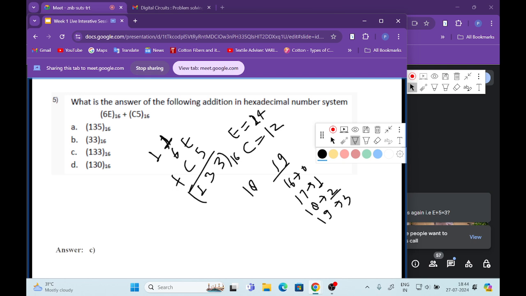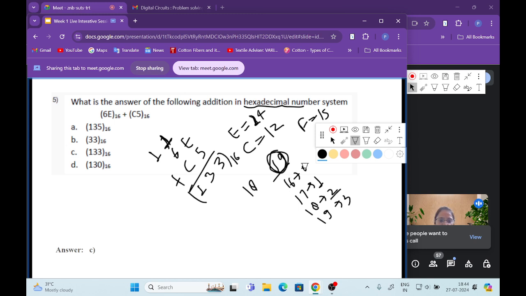E plus 5 is 3, like that. E is represented by 14, so when you add 14 plus 5, it is 19. But in hexadecimal we have representation till F, that is F equal to 15. Here the addition is given in the hexadecimal number system, so till 15 we have the digits, but after 15 we have to start again.